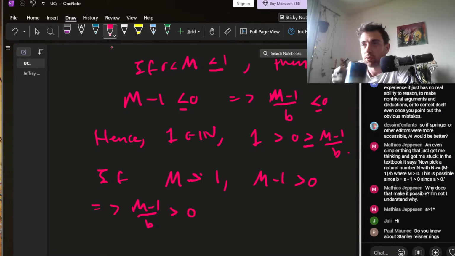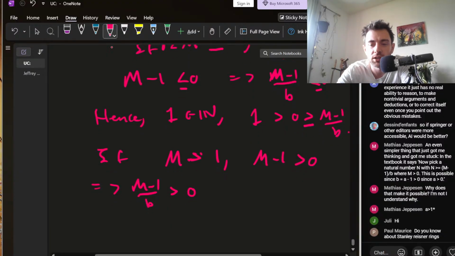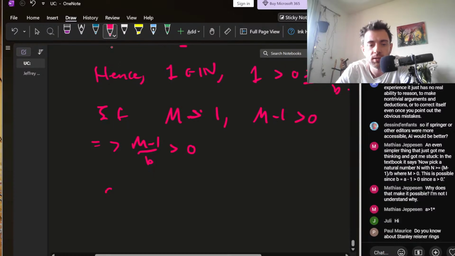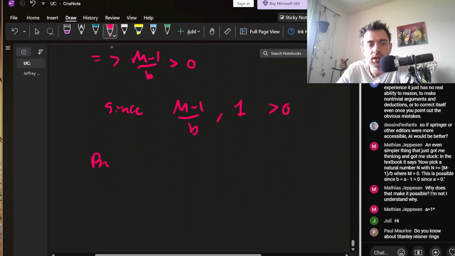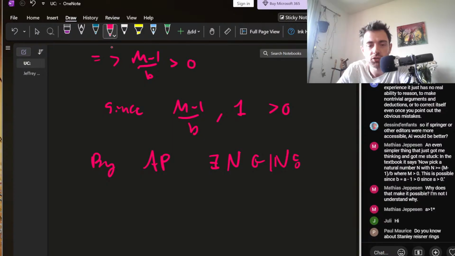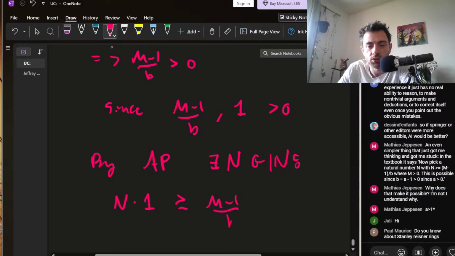So now, by the way that the Archimedean property is phrased, since m minus 1 over b and 1 are both positive, we can choose an n in the natural numbers such that n times 1 is bigger than or equal to this. Or we could even take strict.